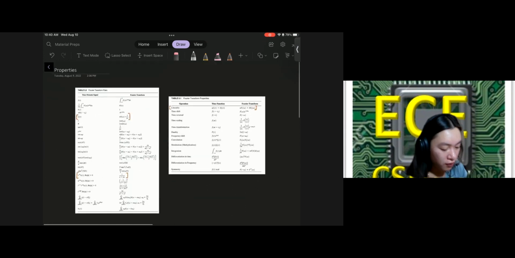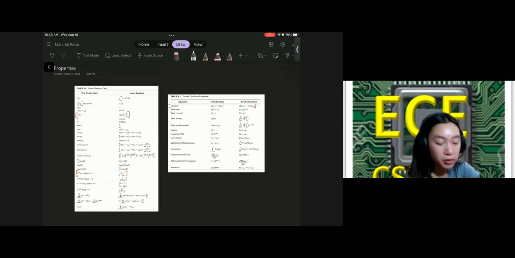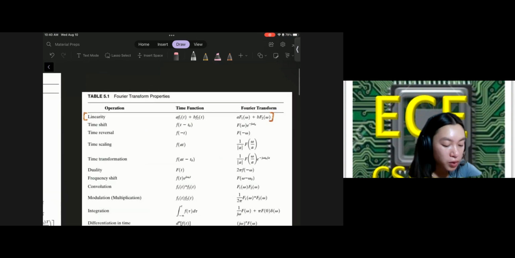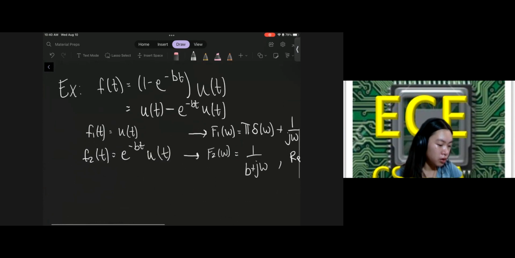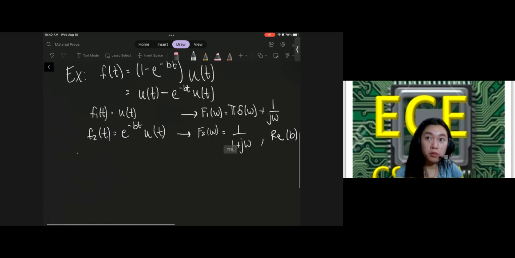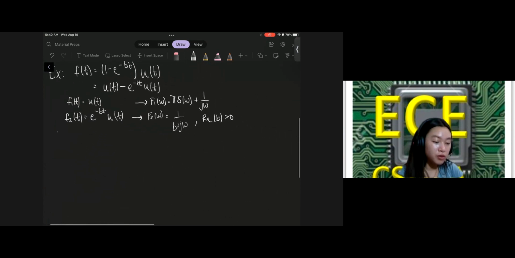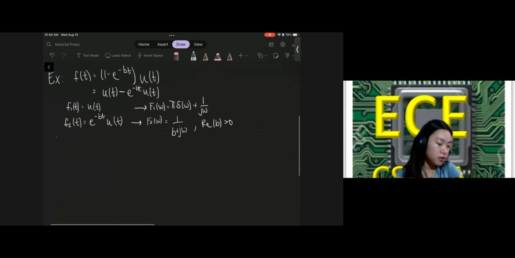Given our linearity property, which is this one, we can just add up the Fourier transforms of the two functions. So F of omega ends up being F1 of omega minus F2 of omega.